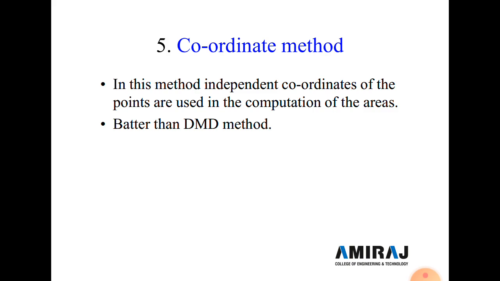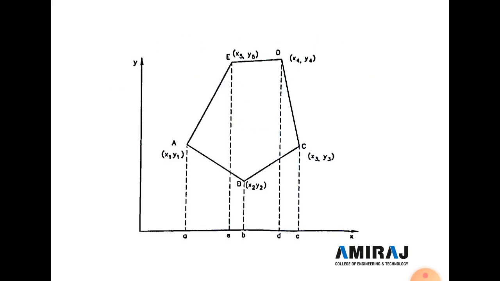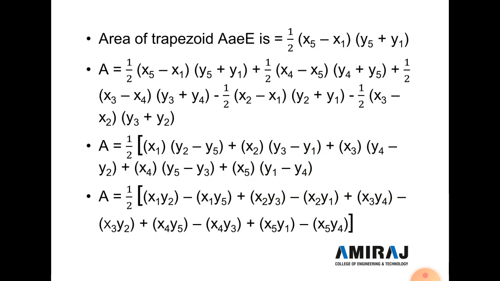Now the fifth method is the coordinate method. In this method, independent coordinates of the points are used in the computation of the area, so it is better than the DMD method. So here two coordinates, x and y, are there for all the points, and the area of the trapezoid is 1 by 2 (x5 minus x1)(y5 plus y1).